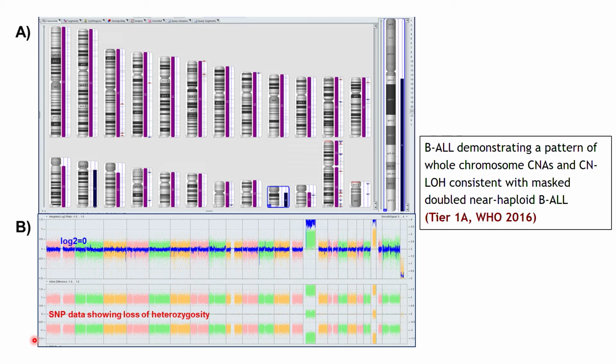So this is hypodiploidy, actually a doubled hypodiploid case. So again, you would not classify each copy-neutral loss of heterozygosity for individual chromosomes individually, but you would classify this as a pattern. This would be double hypodiploidy or hypodiploidy, which is associated with one specific molecular subtype in WHO classification.